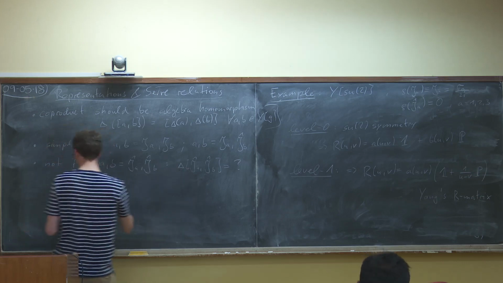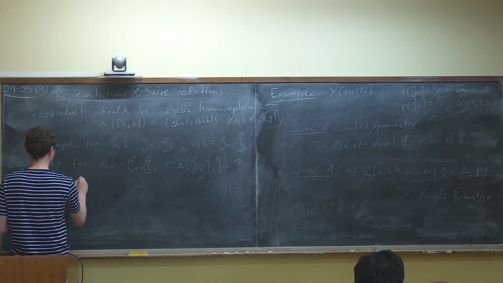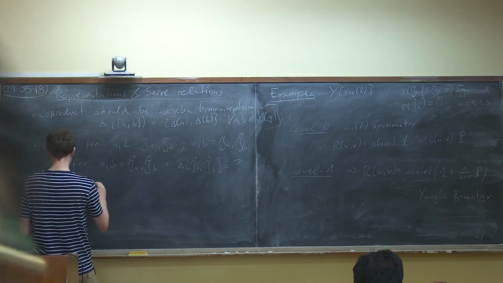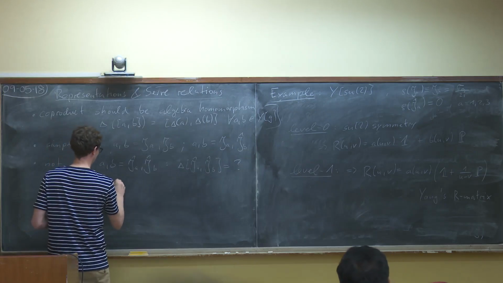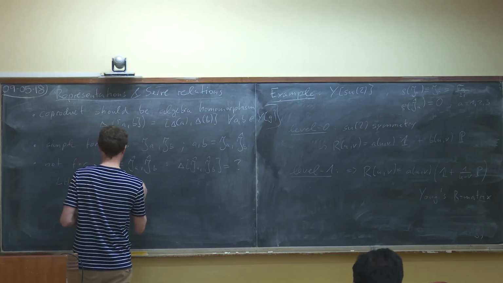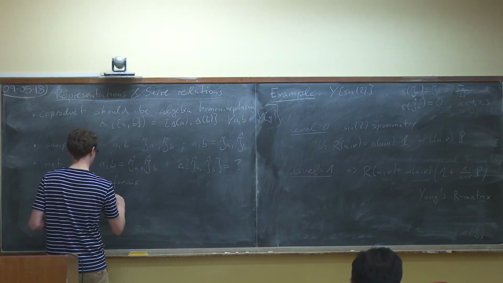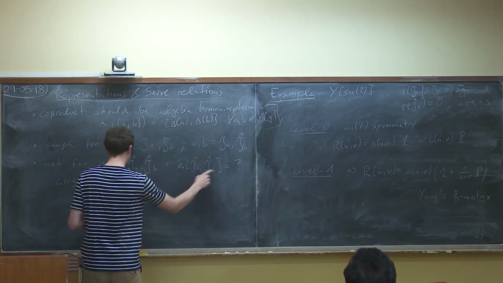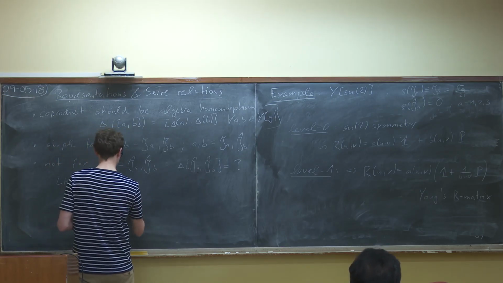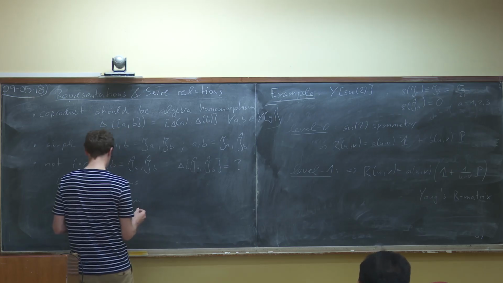The idea is that the left-hand side of this equation transforms in the adjoint times adjoint, because I have two adjoint indices, and because of this bracket it's anti-symmetrized.